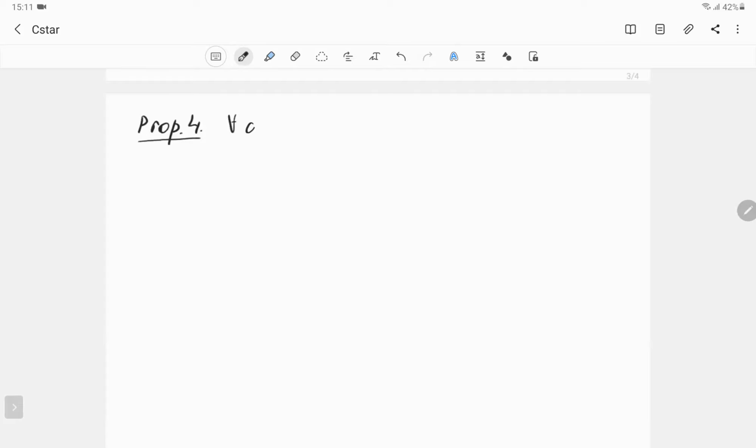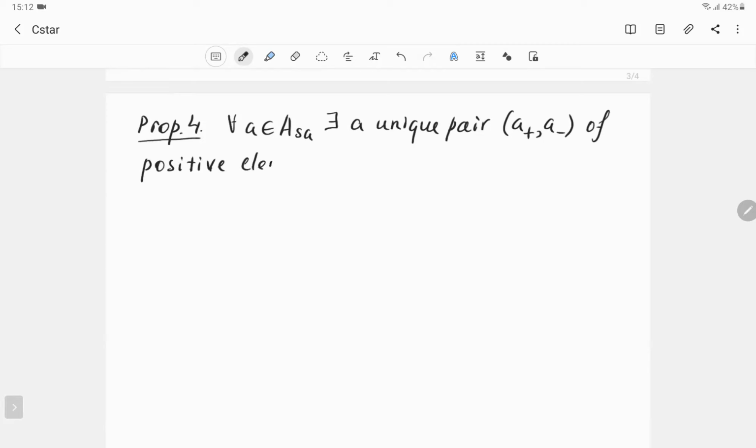For each self-adjoint element A in our C-star algebra, there exists a unique pair, A plus and A minus, a unique pair of positive elements such that A equals A plus minus A minus, and such that the product of A plus and A minus taken in any order is 0.